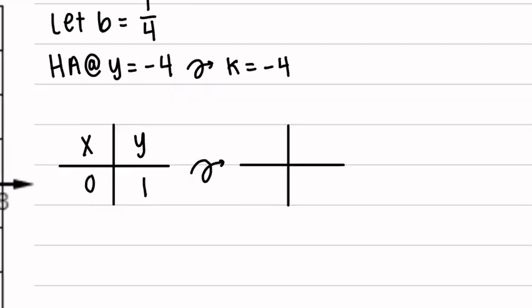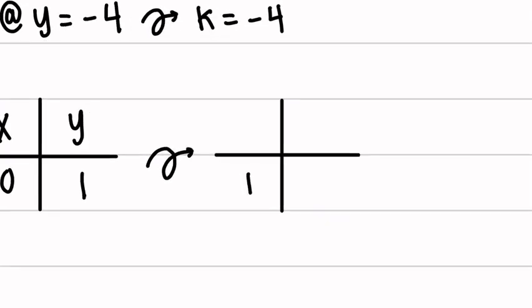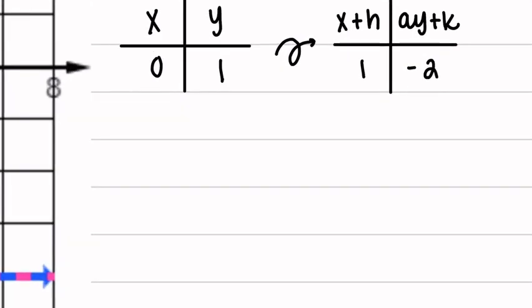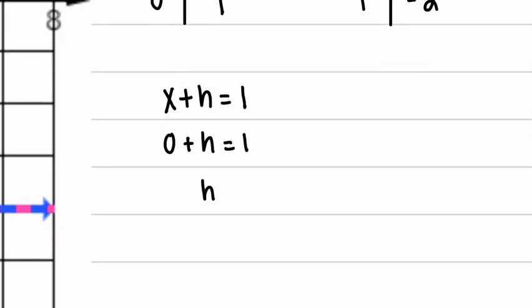It was 1, -2. So the point 1, -2 went through the transformations of x plus h and ay plus k. So we can set up equations. x plus h resulted in 1. The original x value that was transformed was 0. So h equals 1.